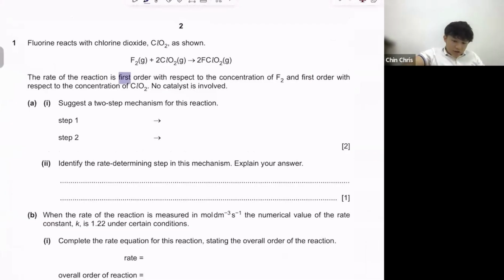Alright, guys, highlight this here. First order with respect to F2, first order with respect to ClO2.